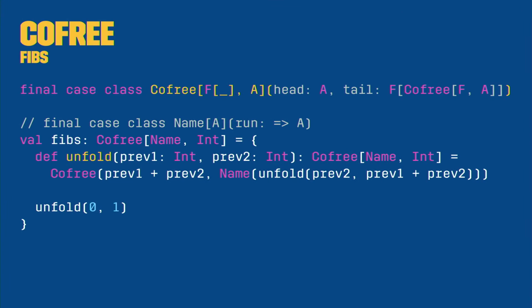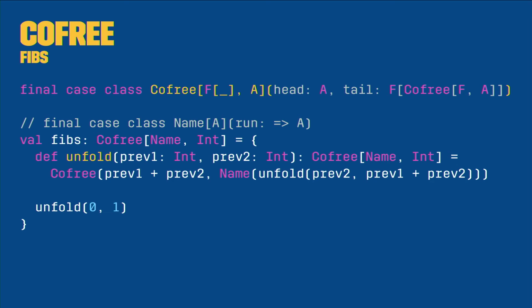And here's how we would use this CoFree data structure to model the Fibonacci sequence, which of course is infinite. There's just a few lines of code, and we can describe an infinite sequence of Fibonacci numbers using this. We have to use this lazy type called Name, which stands for by-name. And this lazy type just ensures we don't eagerly evaluate the tail of the CoFree data structure, because then we'd run out of memory and blow the stack.